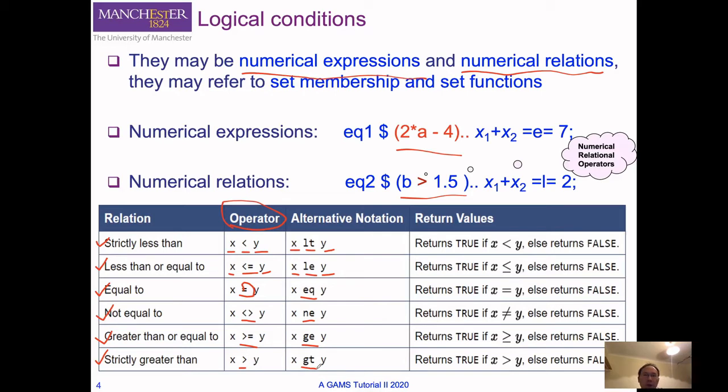All these relation operators are different from the equation type operator. When we define equations, we should not be confused with them. Okay, the logical conditions can also refer to set membership and the set functions.